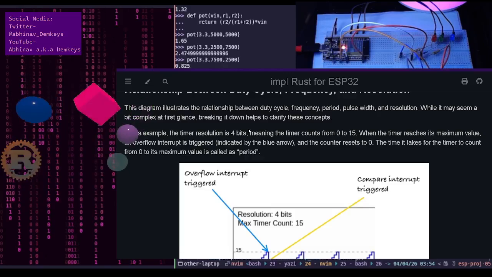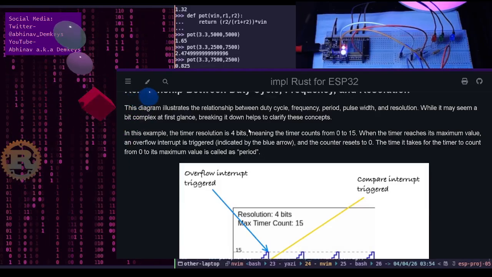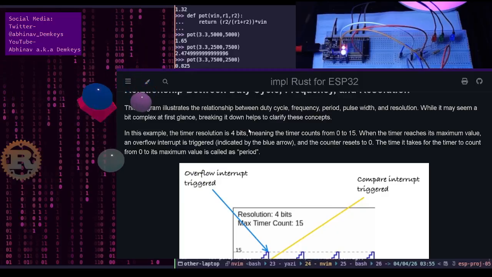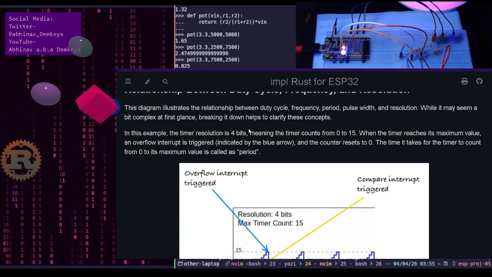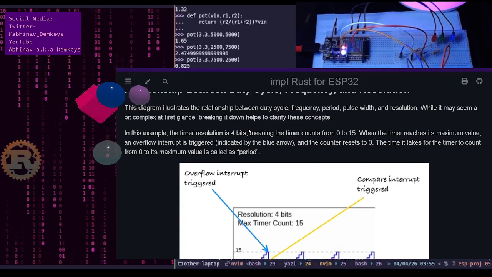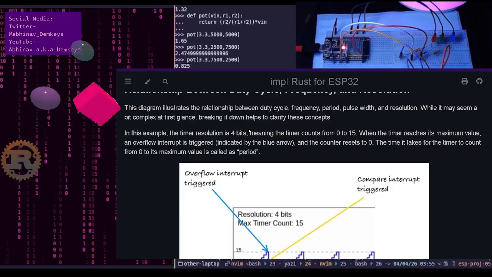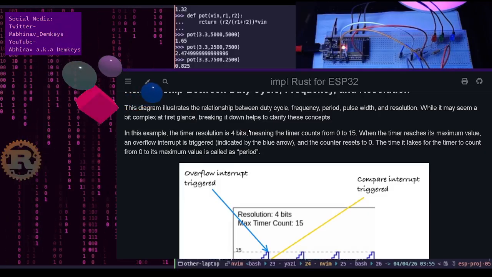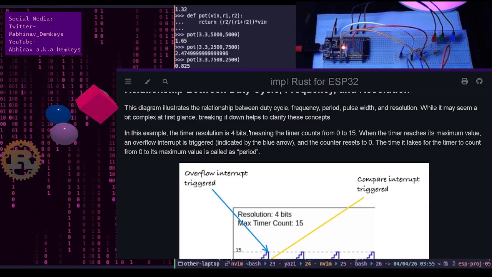Okay, while it may seem a bit complex at first glance, breaking it down helps to clarify these concepts. In this example, the timer resolution is 4 bits, meaning the counter counts from 0 to 15. That makes sense. When the timer reaches its maximum value, an overflow interrupt is triggered, indicated by the blue arrow.